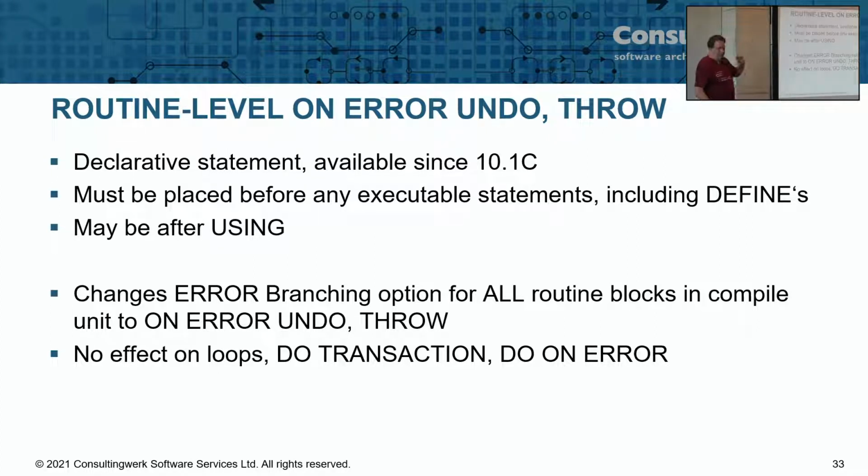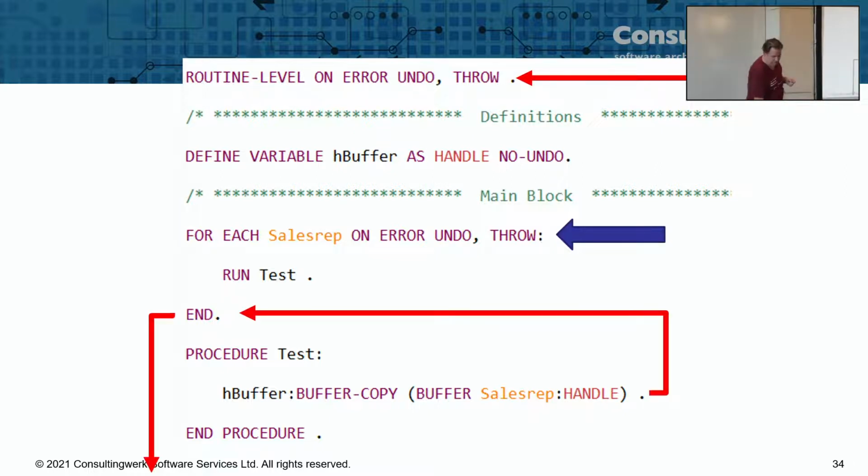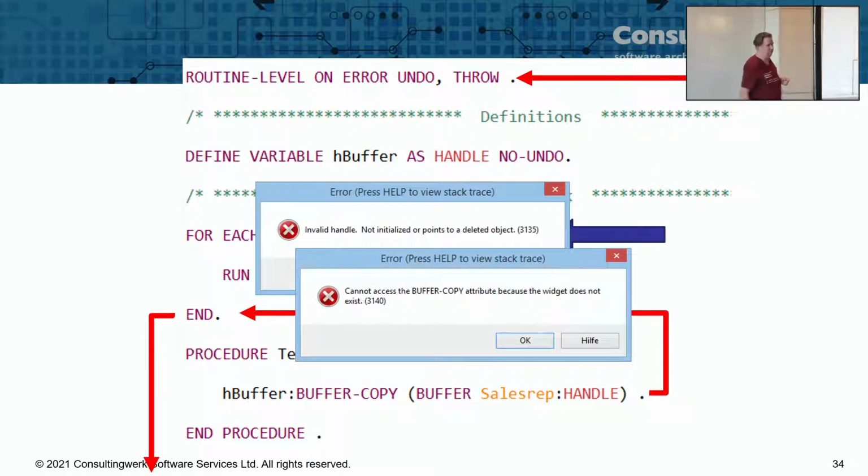If you use that statement at the beginning of your procedure, like this, then the error from the procedure, which is considered a routine level block, will be thrown. So with this, we only get the messages once.